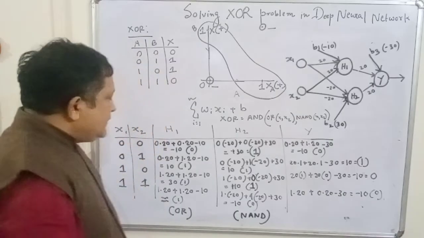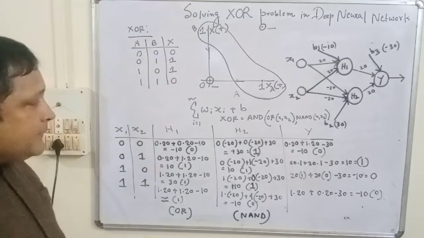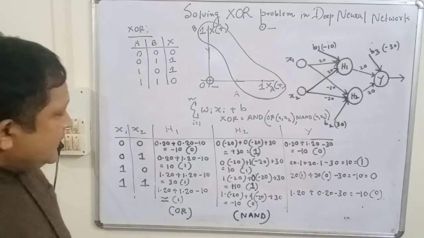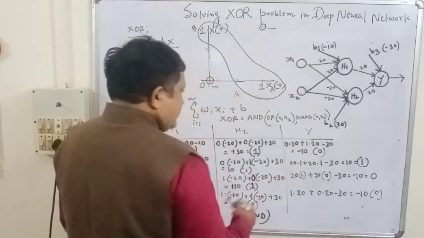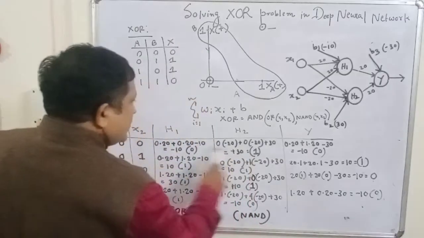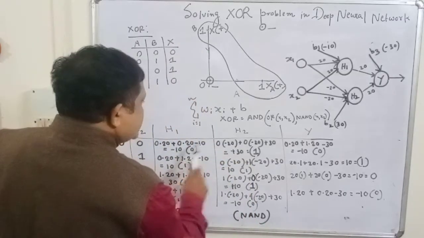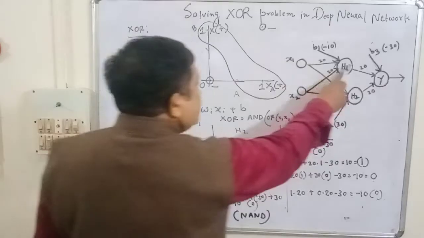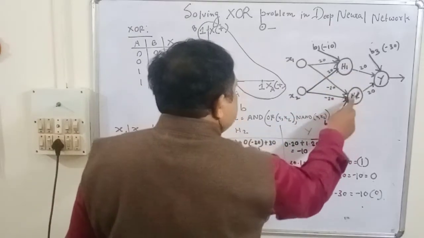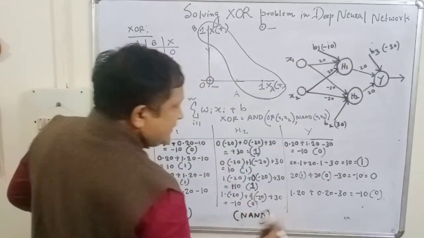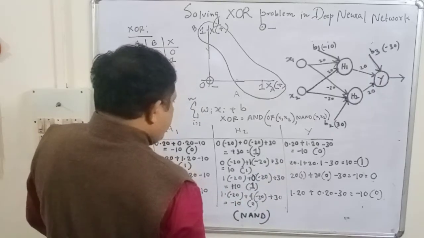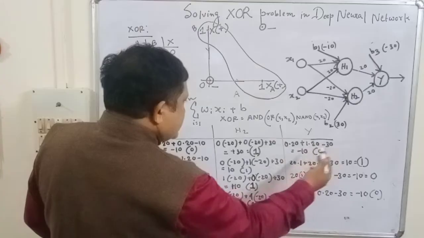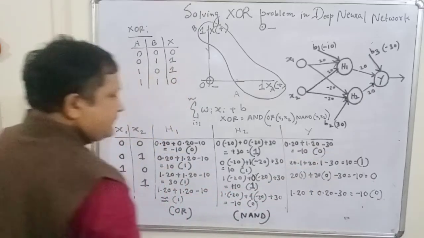Let us revise how this happens. For the input 0 and 1, h1 is 0 and h2 is 1. The formula is the same, only h1 and h2 are now used as inputs for the output layer. So 0 into 20 plus 1 into 20 minus 30 equals minus 10, that is 0.